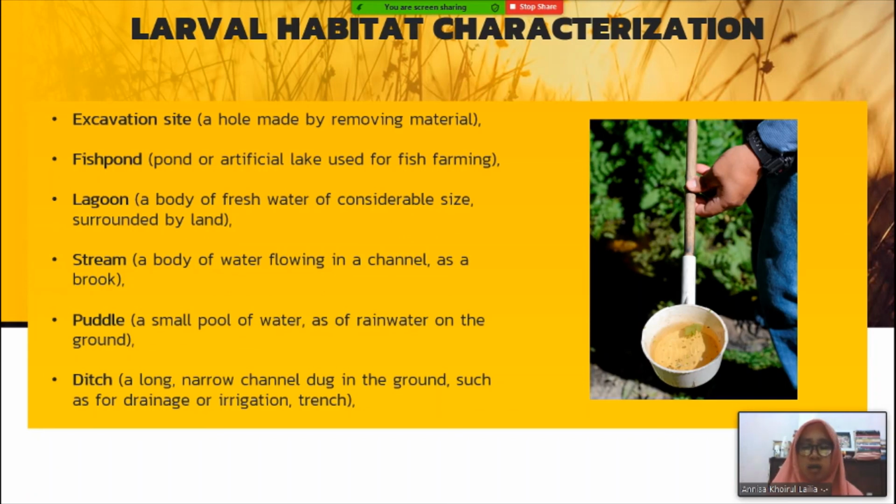And also lagoon, a body of fresh water of considerable size surrounded by the land. And stream, a body of water flowing in a channel as a brook. Puddle, a small pool of water such as rainwater on the ground, and the ditch, a long narrow channel dug in the ground, such as for drainage and irrigation, or trench.